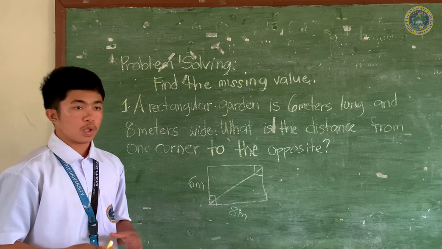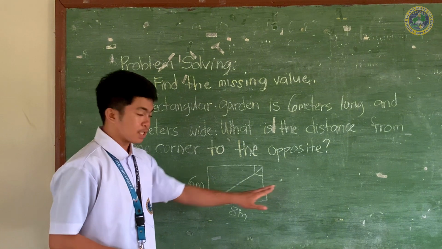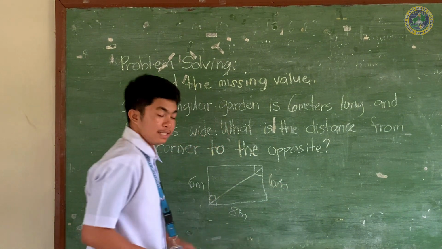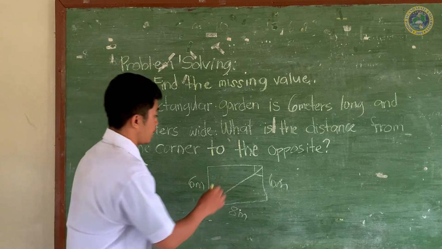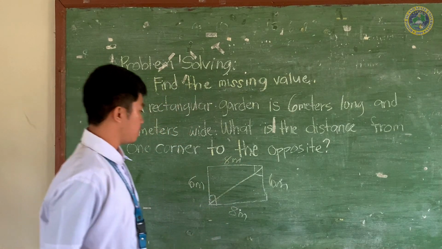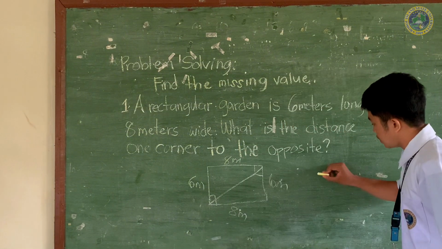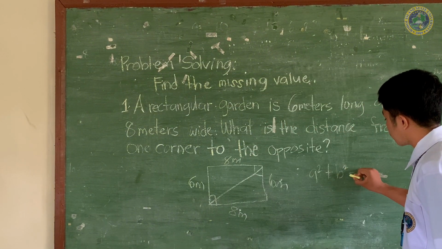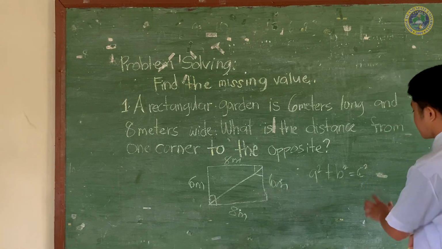So we already know that this side is also 6 meters, and this upper part is 8 meters. So the formula we use is a squared plus b squared is equal to c squared. So let's substitute.